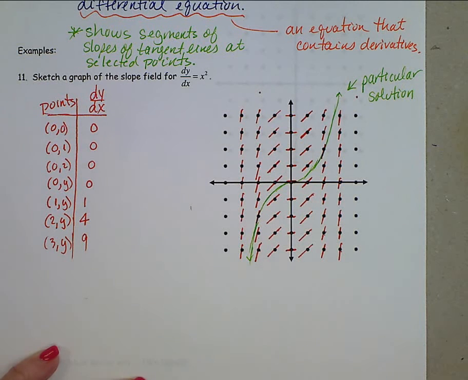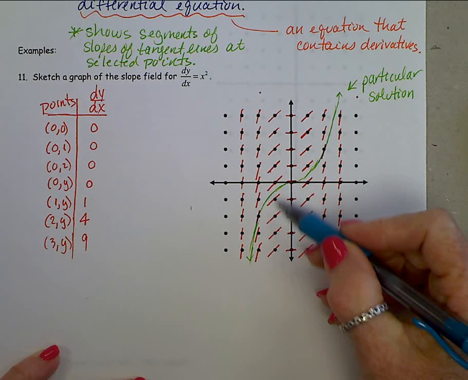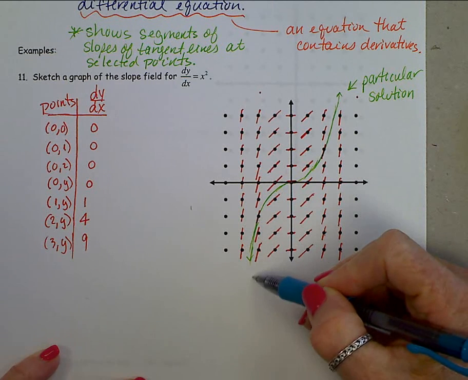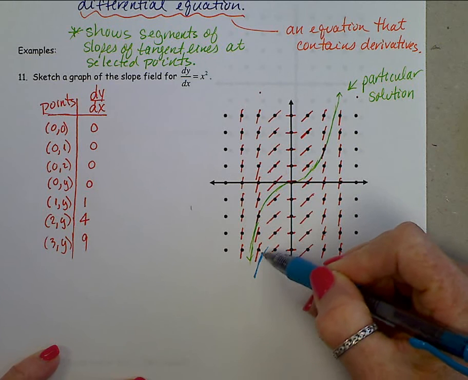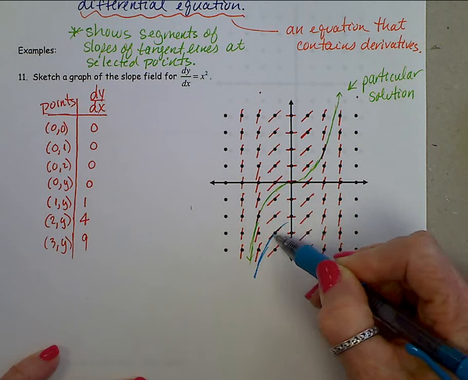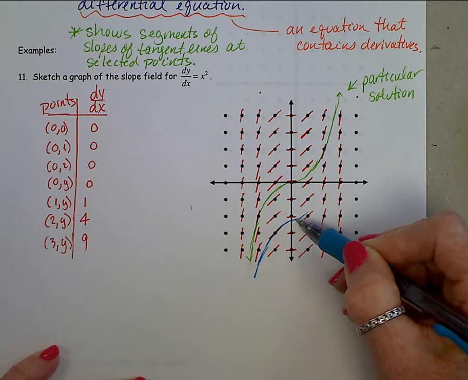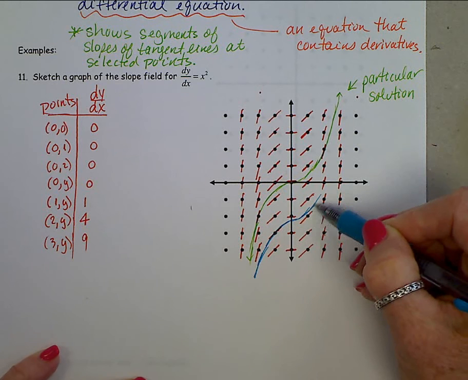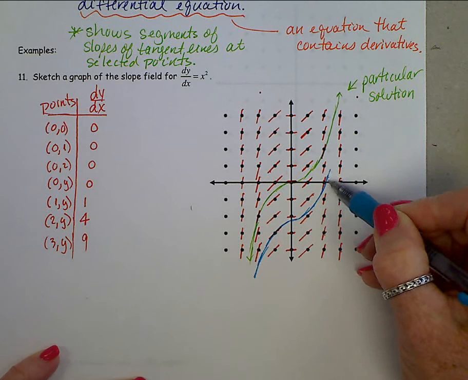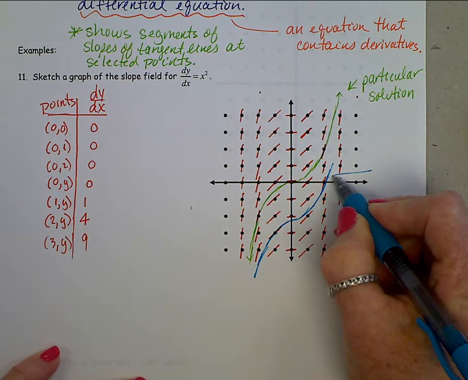That's one of them. There might be another one maybe down here. Maybe it comes through this way. There's another particular solution.